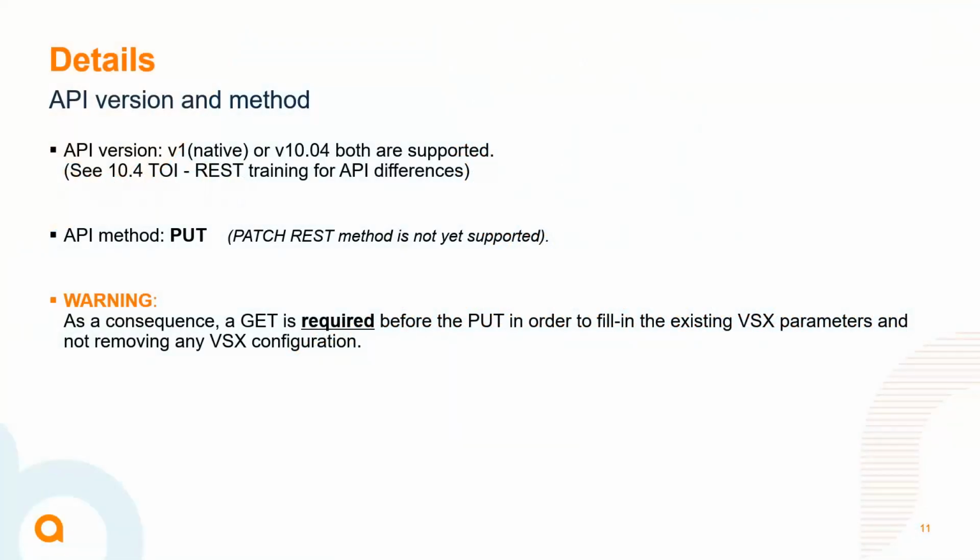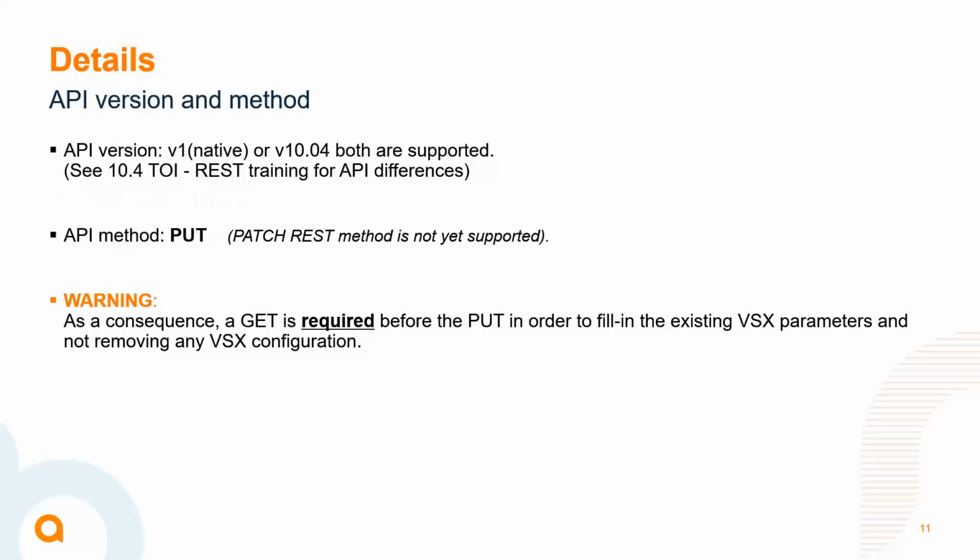So the API method that we are using and the version. First of all, the version, both are supported. The version 1, the native first version of API, is supported, as well as the new version 10.04.